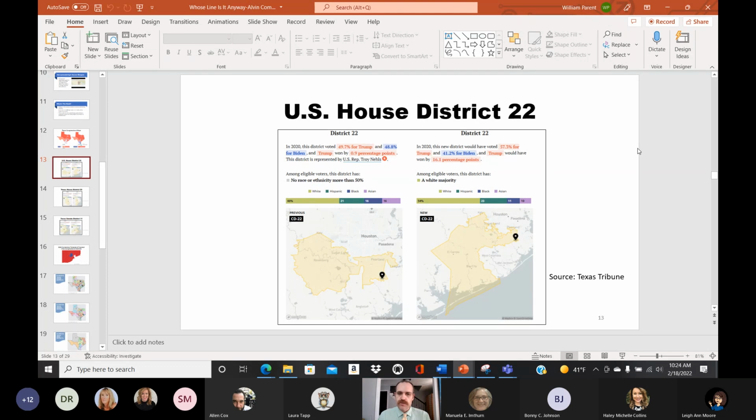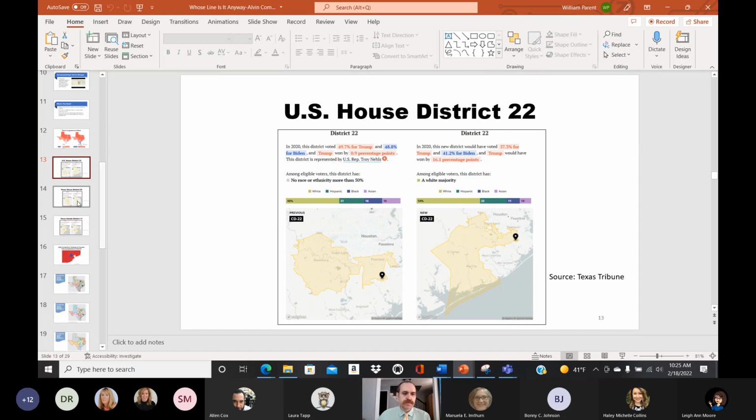And in this case, you could make the argument that former President Trump was a drag on Troy Nehls and his ability to win the election. He won in spite of former President Trump, not because of him. And this goes against the essence of what we think about when it comes to coattails, having a strong presidential candidate who can bring into office individuals who are down the ballot, in this case, the U.S. House of Representatives.